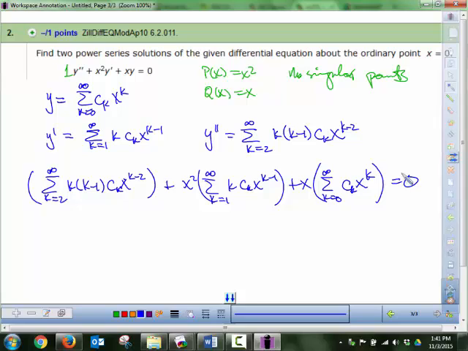All right, before we mess around with the index, we have a couple of terms that are hanging outside of those summation signs that we need to incorporate in. So let's bring this x squared in and this x in, so our powers for those will change. Let me rewrite the first term.